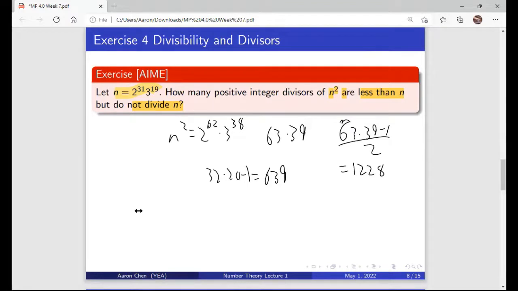And that's because every factor of n clearly would divide n squared as well. So the answer is 1228 minus 639, which is just 589. And so that's the answer to this question.